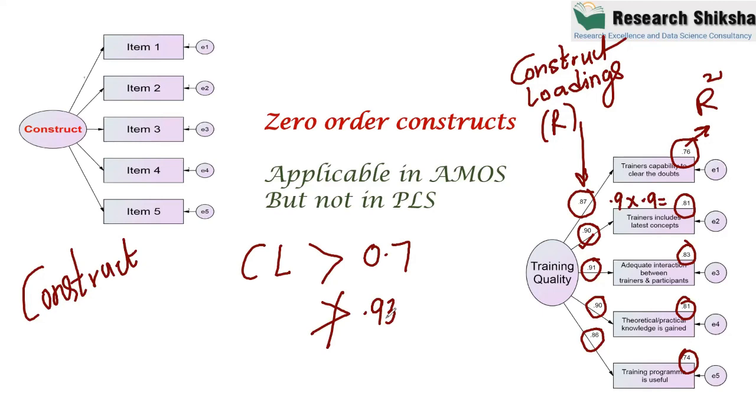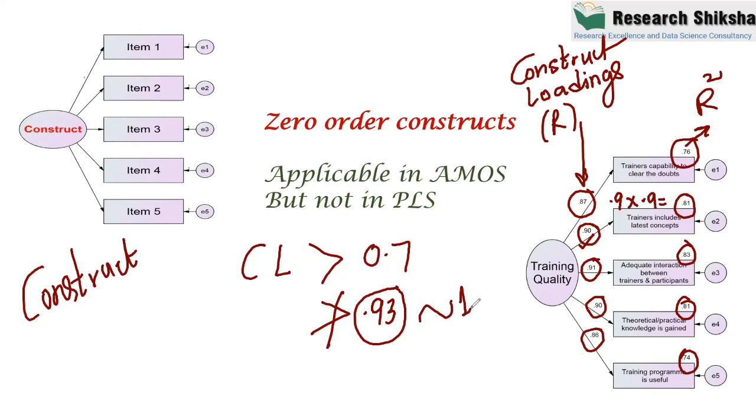They should not be very, very high, because after that it starts indicating redundancy in the data. We want the construct loadings to be more than 0.7, but not close to 1. Otherwise, we will have some problem, and the problem may come in the discriminant validity or some model fitness.